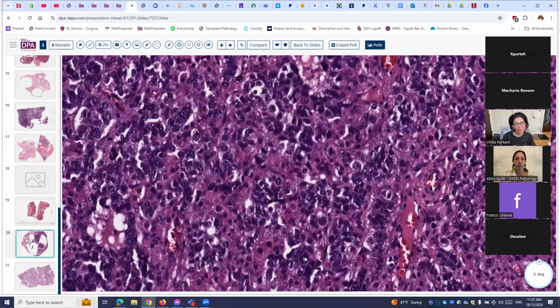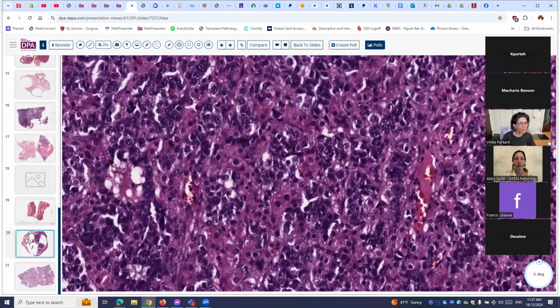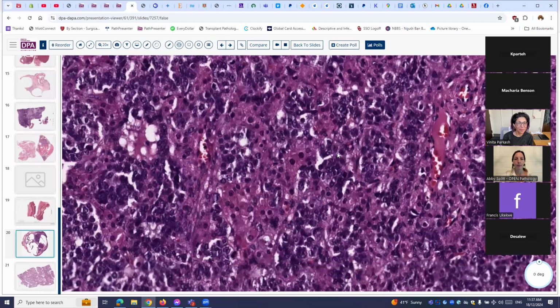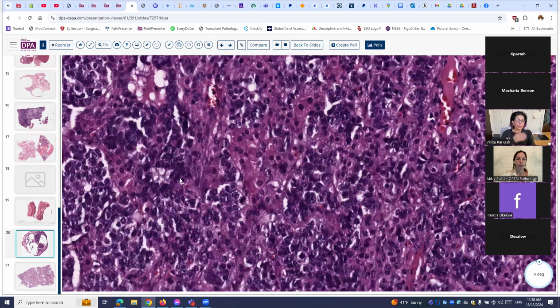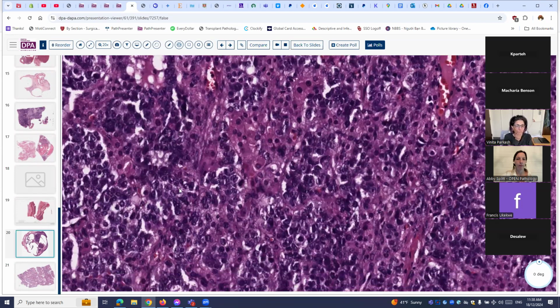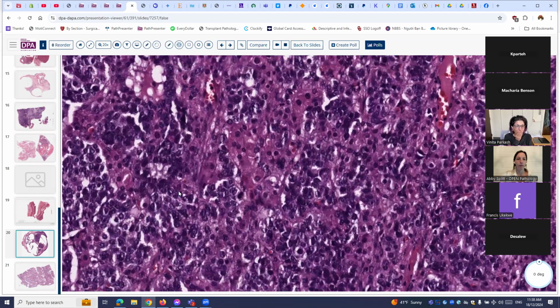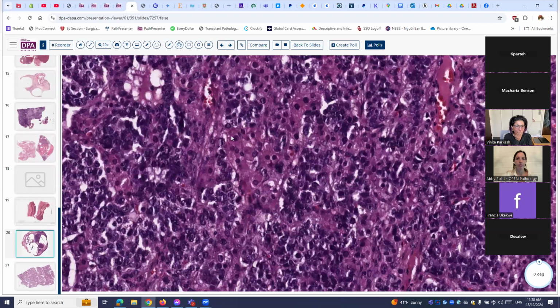Hyperchromatic, with kind of prominent nucleoli. You see a sort of uniform cell type. You see a mixture of cell types here. I think it's a mixture of cell types. One has light abundant cytoplasm, eosinophilic, and the other is a little bit darker.